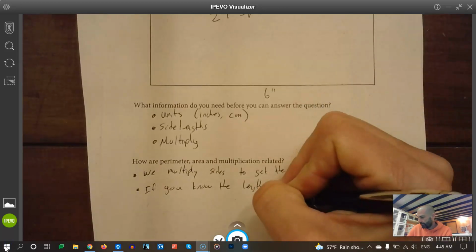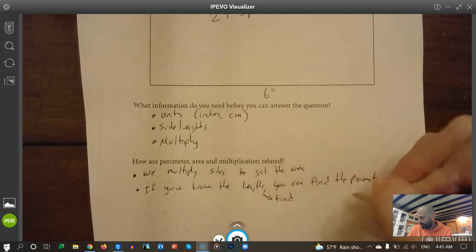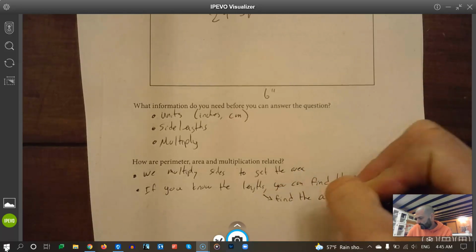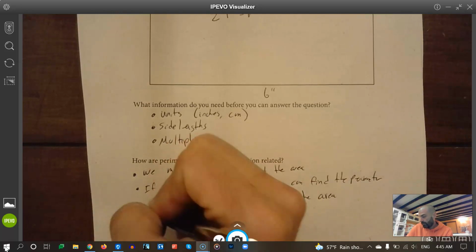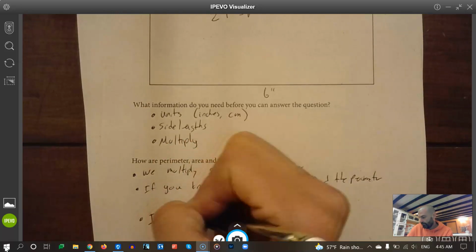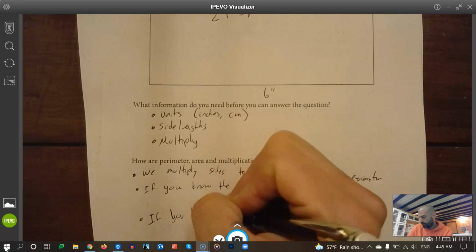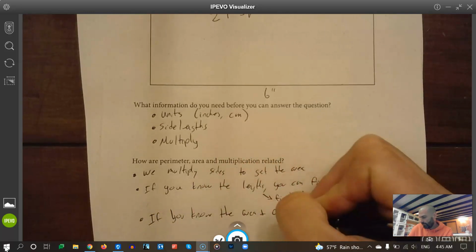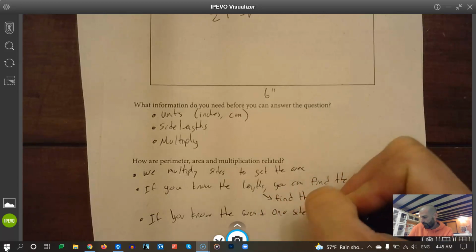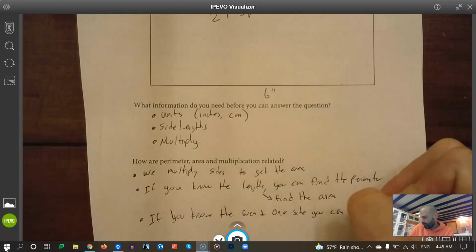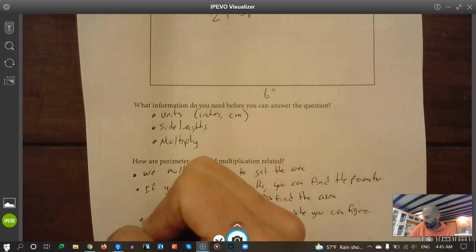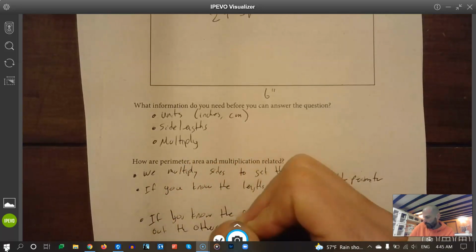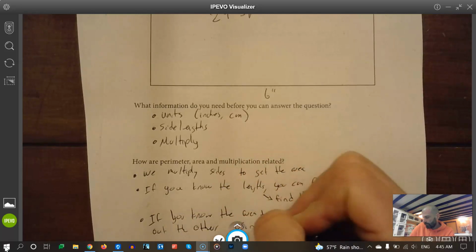Obviously, you could also find the area. You do need to know the sides. If you know the area and one side, you can figure out the other using division.